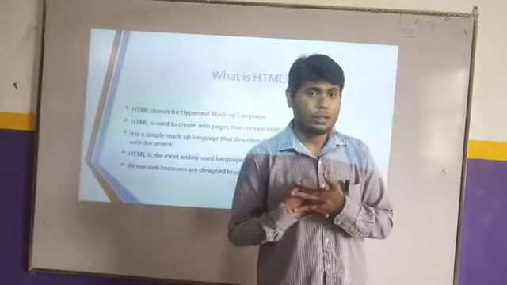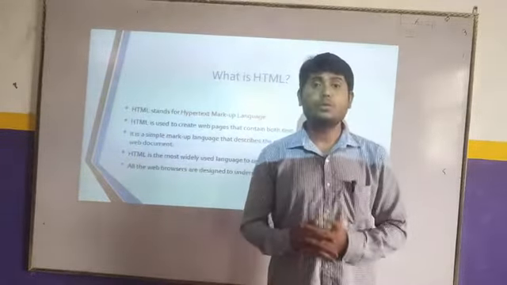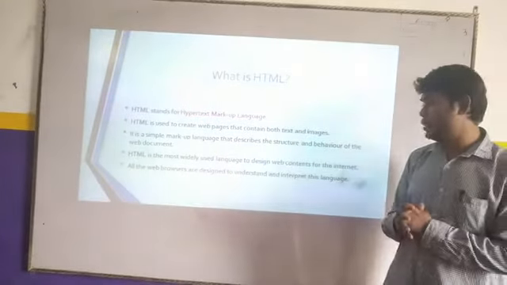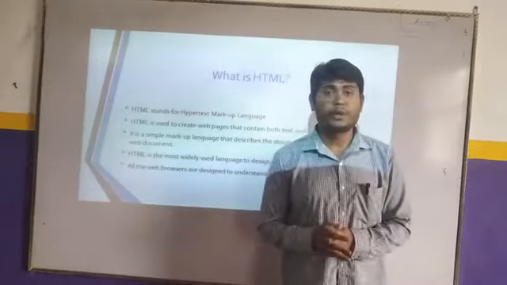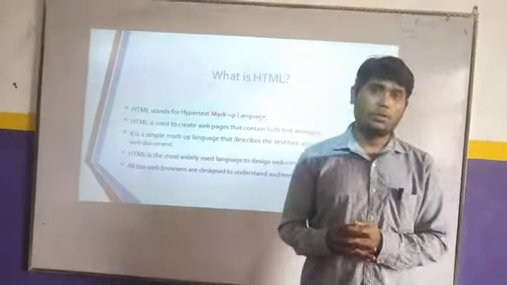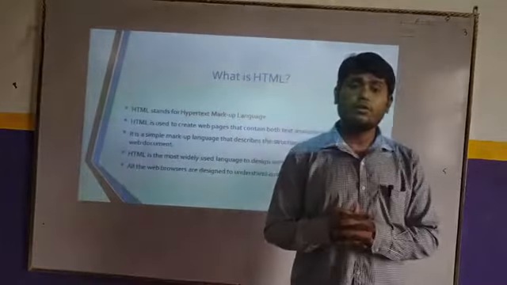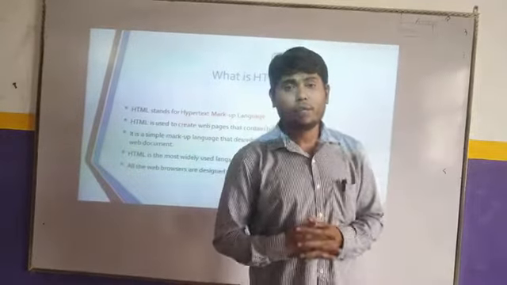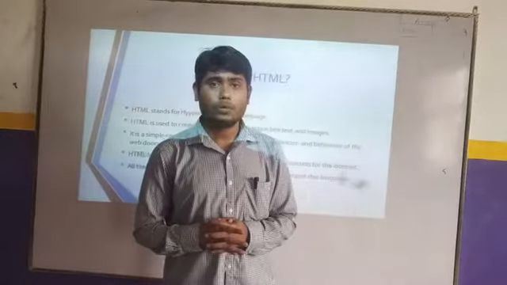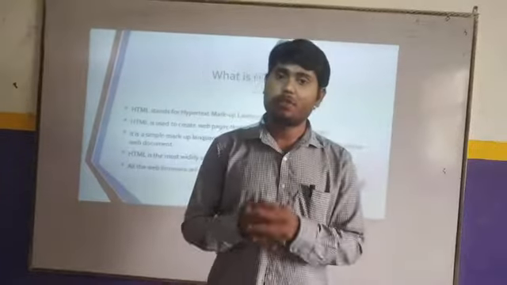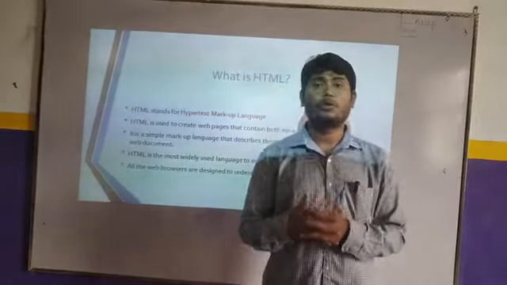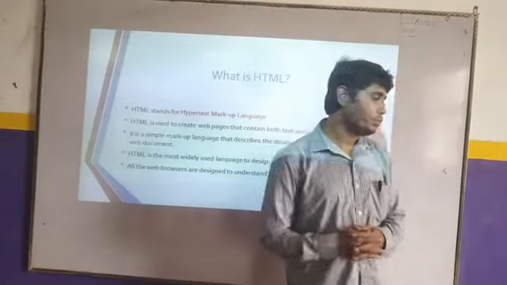All the web browsers are designed to understand and interpret the language. So through the browser, whatever code we write in HTML, the browser interprets that code and shows us the output on the web page.